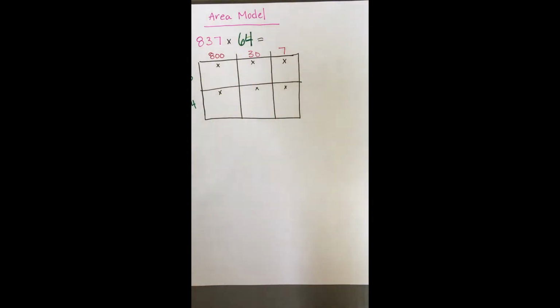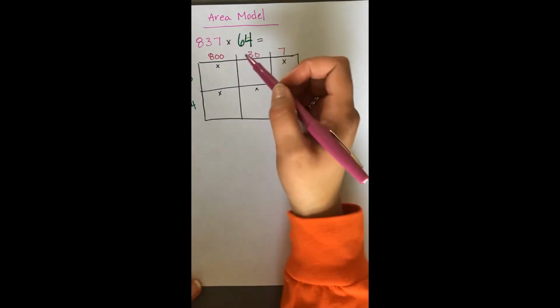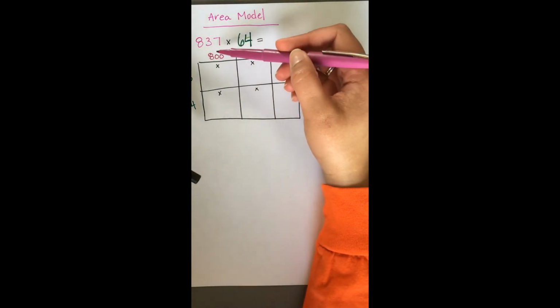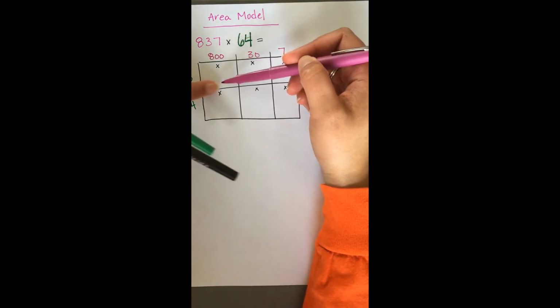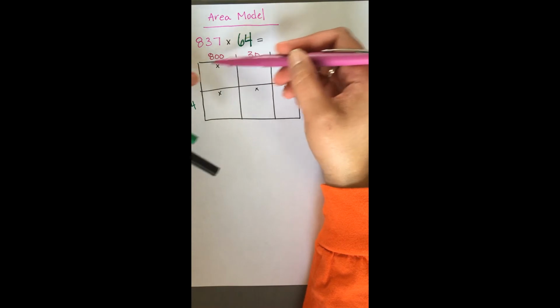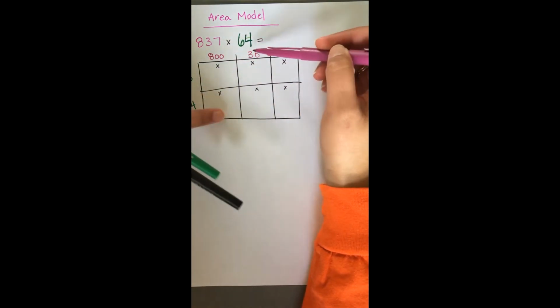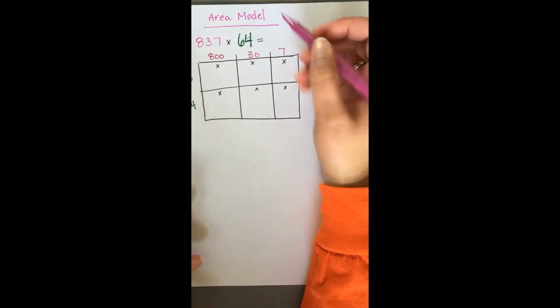Then inside each box, we're going to write our baby problems. And this is just like Battleship. 800 and 60 are going to meet in here, and we're going to multiply 800 times 60, 800 times 4, 30 times 60, 30 times 4.